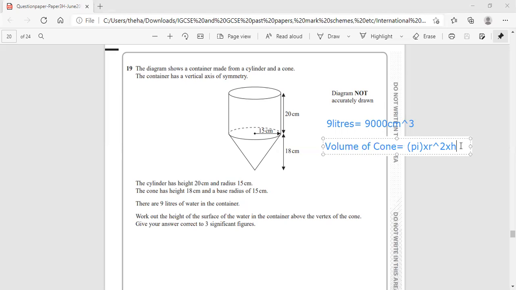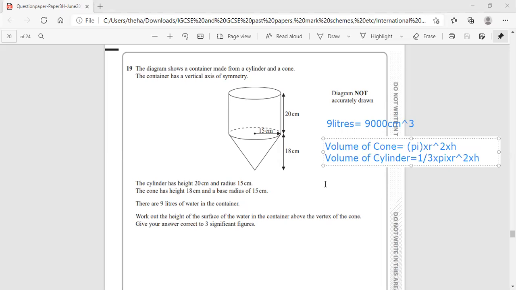Okay, so that's that equation, and then we can have volume of cylinder that equals 1/3 times pi times r squared, which is the radius, times height. So there are our two equations.